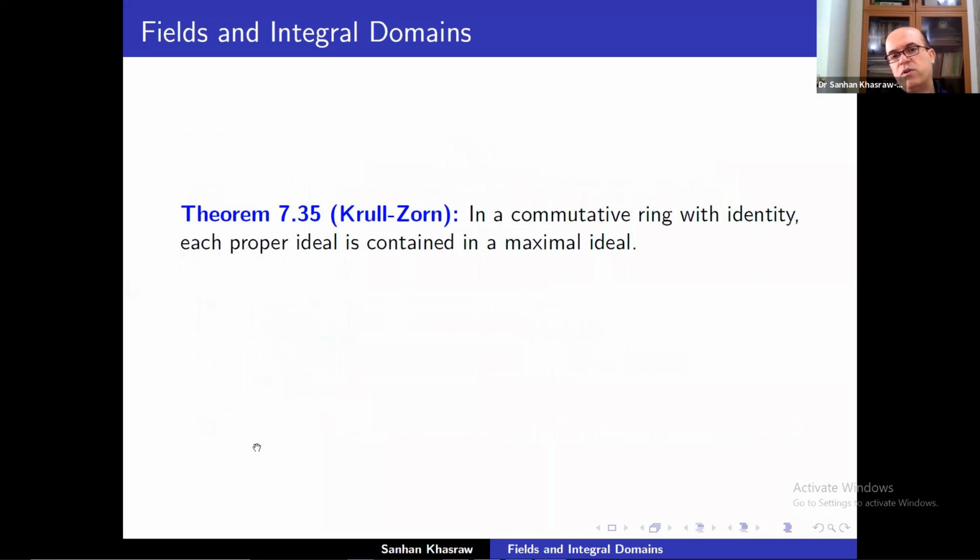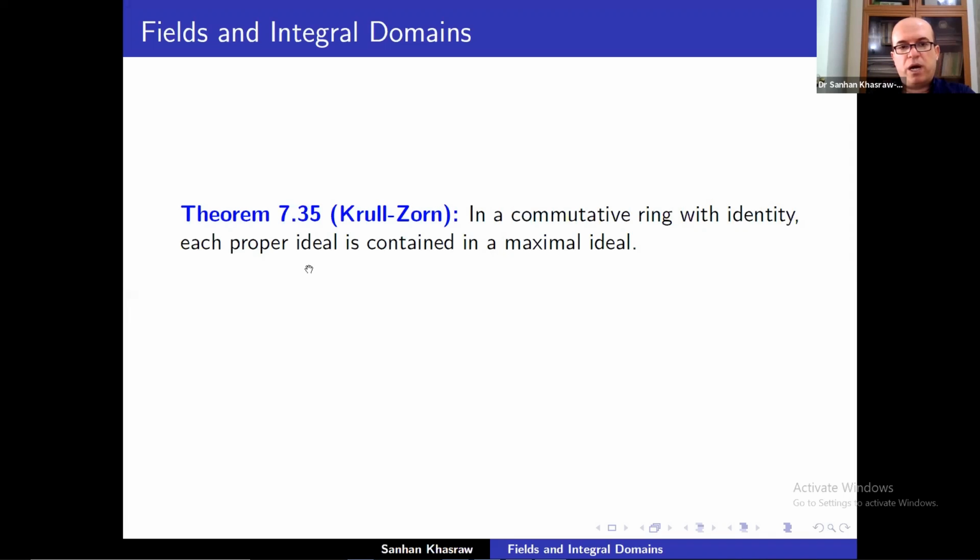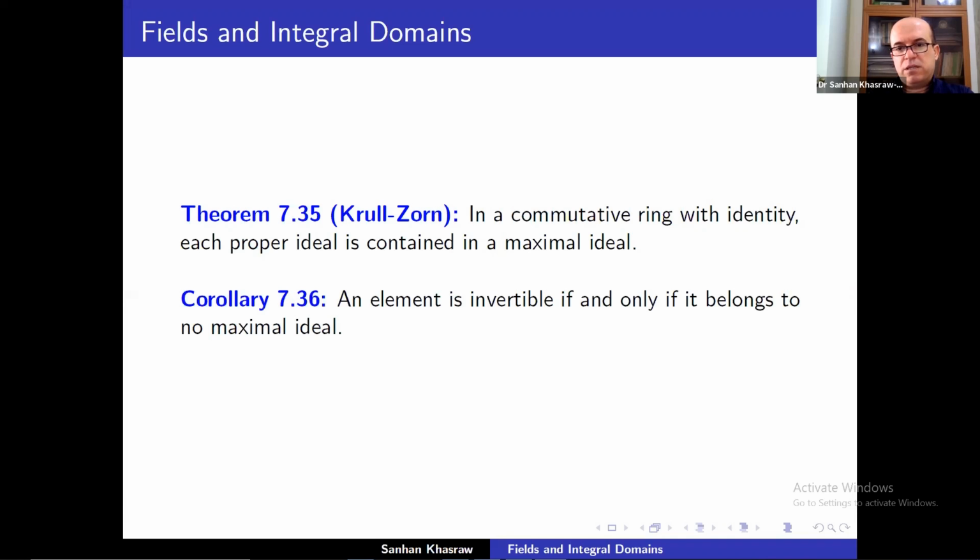There is a theorem by Krull that says, in a commutative ring with identity, every proper ideal is contained in a maximal ideal. So if I have a proper ideal, then it is contained in a maximal ideal. What does this mean?